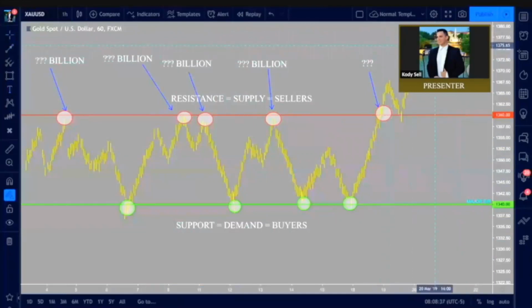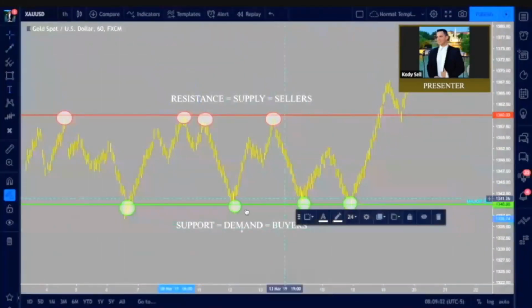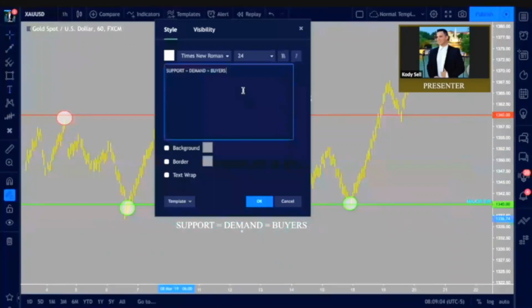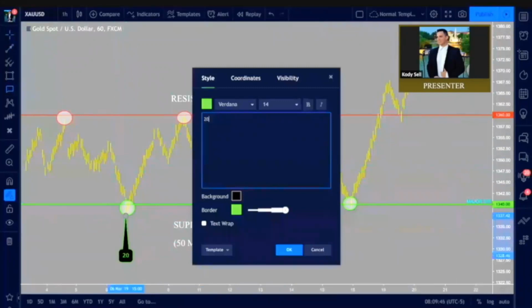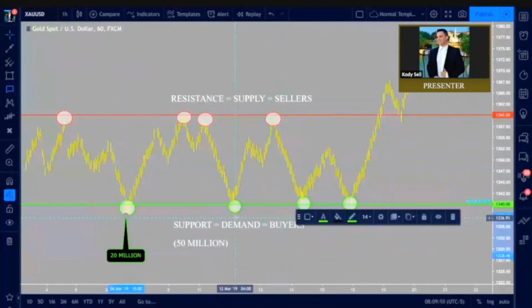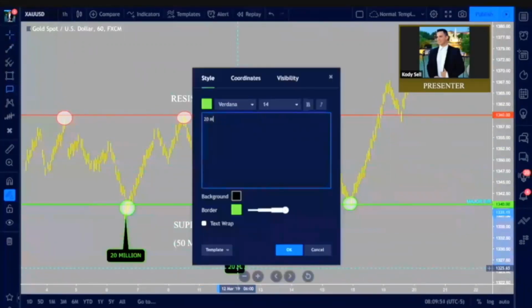I'm going to clear the screen off. All right, let's go back to our demand zone down here. And let's say we've got $50 million worth of orders to fill. All right, now over here, when price originally got here, they were able to fill 20 million of that order. And then the second time that price got here, they were able to fill 20 million of that order.